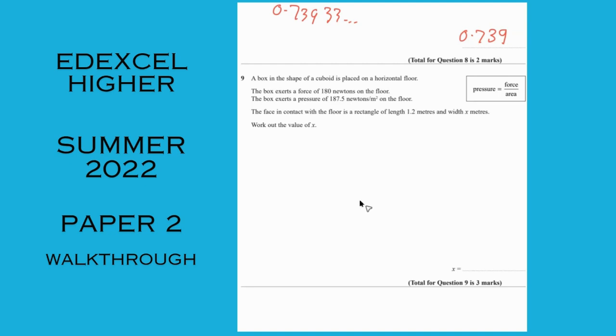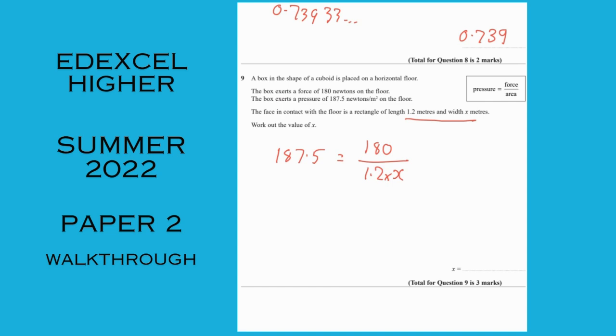Number 9, do it all in one go. They've nicely given you this formula. So pressure is 187.5 equals force over area. They haven't quite given us the area, but the area is length multiplied by width.